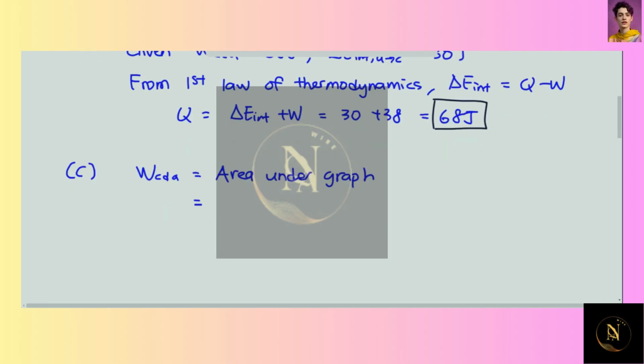If you look at the diagram again, this is just a rough sketch. For CDA, the area under the graph is this part. From the diagram, it's just PD times VD minus VC.